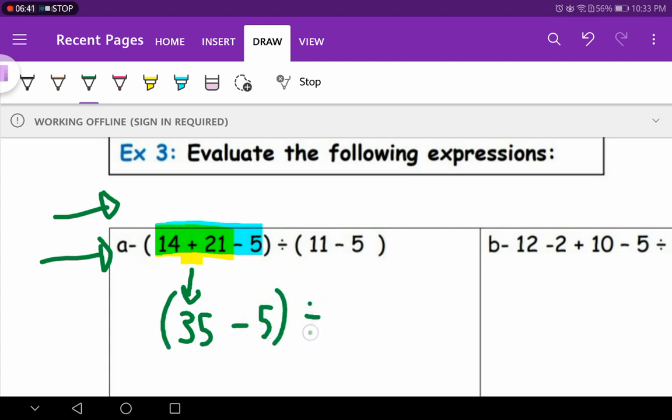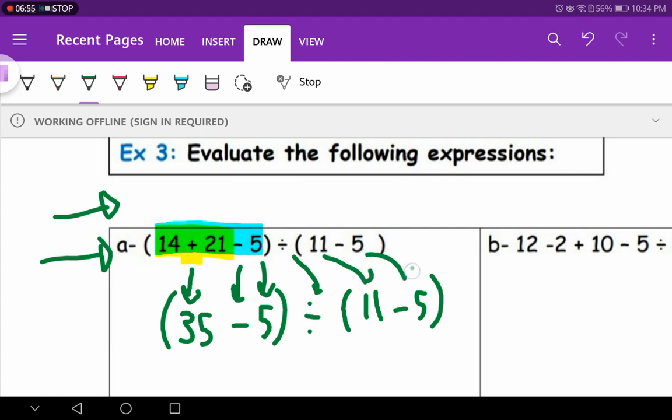Okay, divide, 11 minus 5. One operation for each. You see, I copy everything up and down. I do one operation each time. Okay, my dear student? Okay.